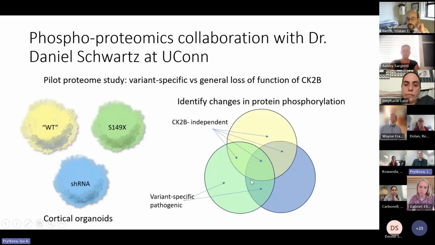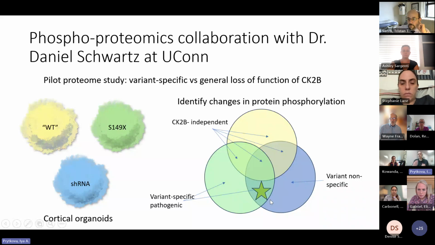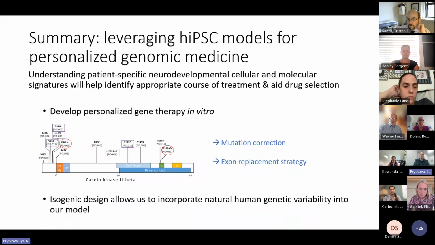And then we can identify variant-specific effects and generalized non-specific effects. And perhaps by focusing on a set of targets that overlap between variant-specific and generalized loss of function, we can come up with a more generalized therapeutic strategy.